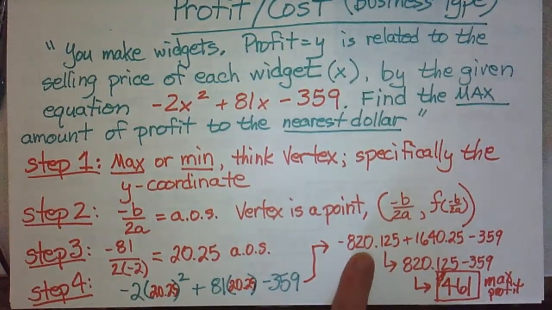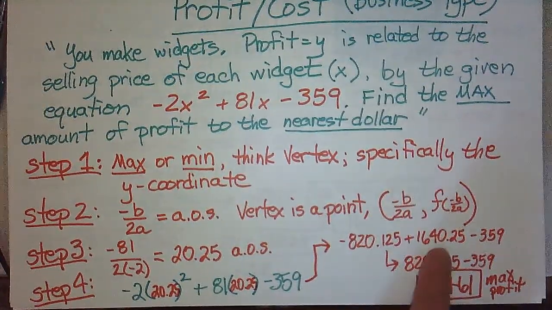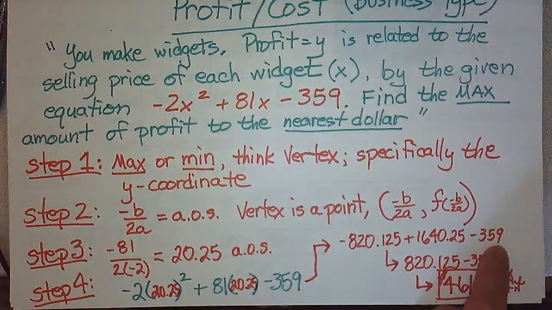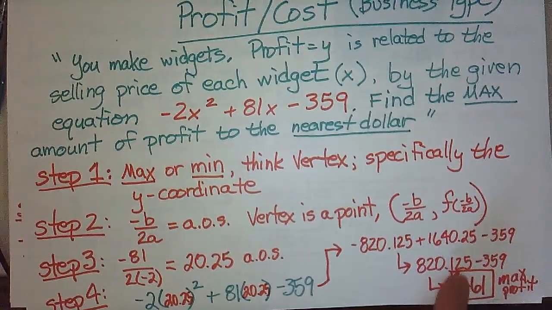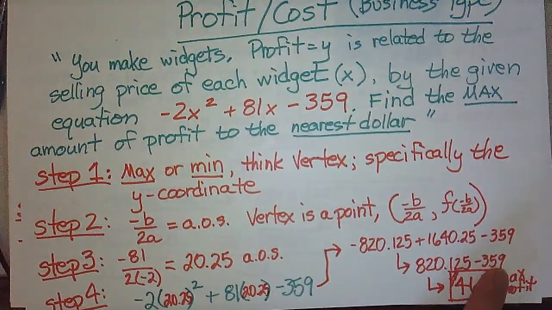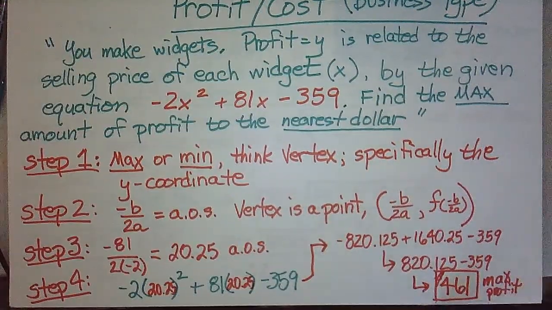We get negative 820.125, plus 1,640.25 minus 359. So that is 820.125 when you add these two together, minus 359. And what we get when we subtract that is 461.125 dollars.